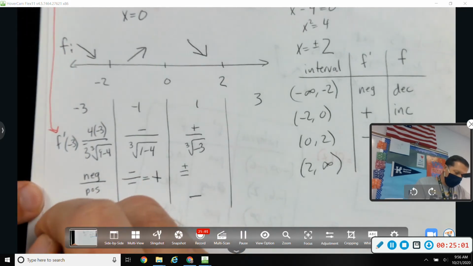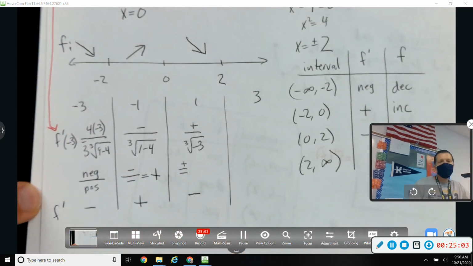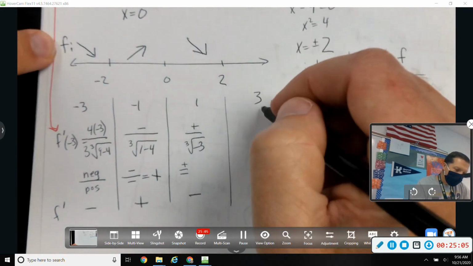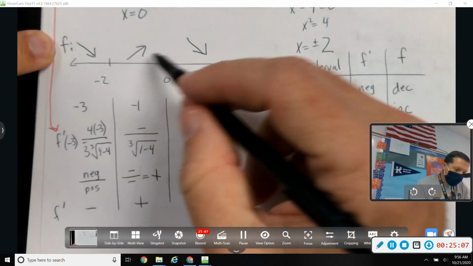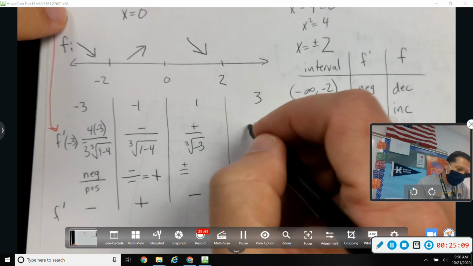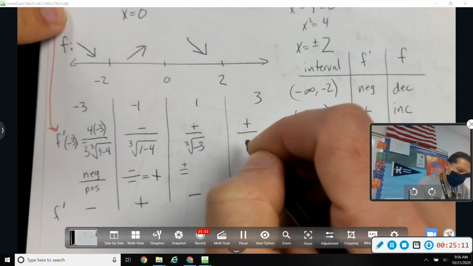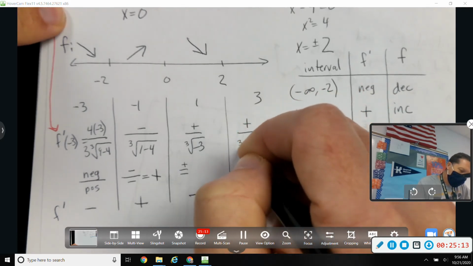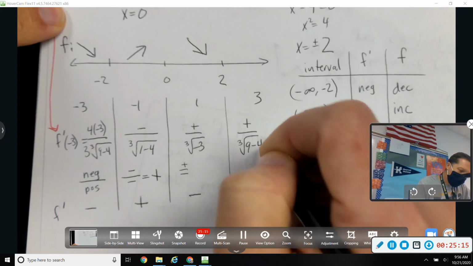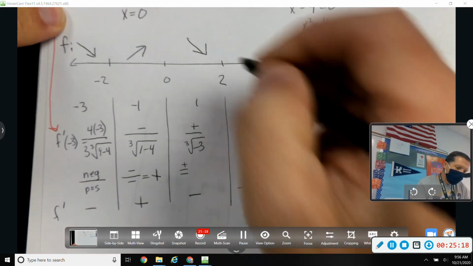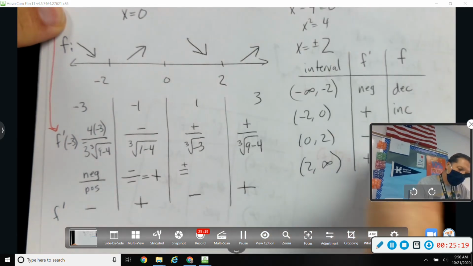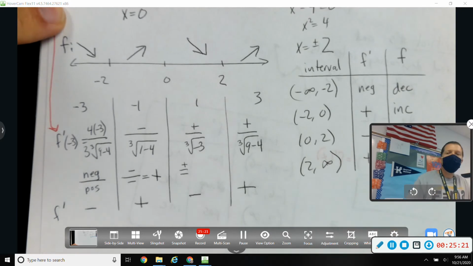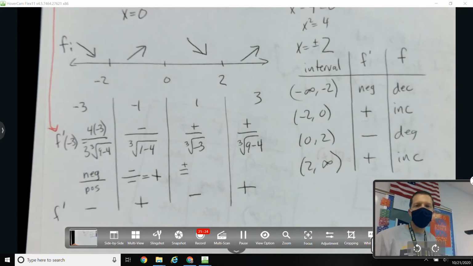These things down here are what f prime is. Based on this pattern, I could guess what 3 is going to be, but let's plug it in and see. Cube root of 9 minus 4 is positive. Everything's positive. So it's increasing on that interval.